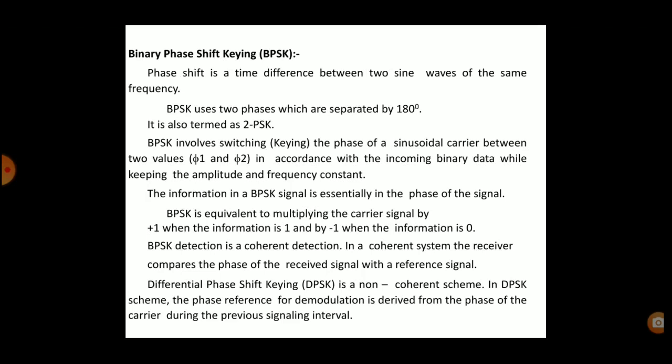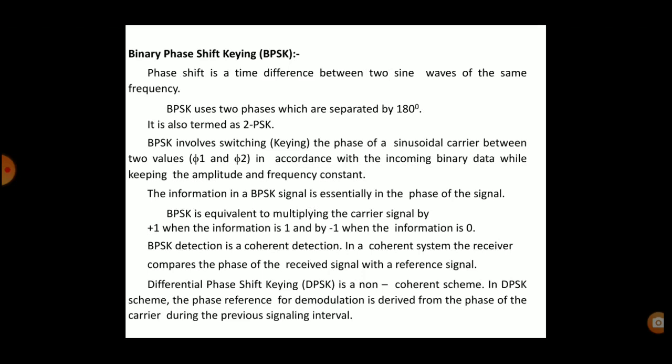The information in a BPSK signal is essentially in the phase of the signal. BPSK is equivalent to multiplying the carrier signal by plus 1 when the information is 1 and minus 1 when the information is 0. BPSK detection is a coherent detection.